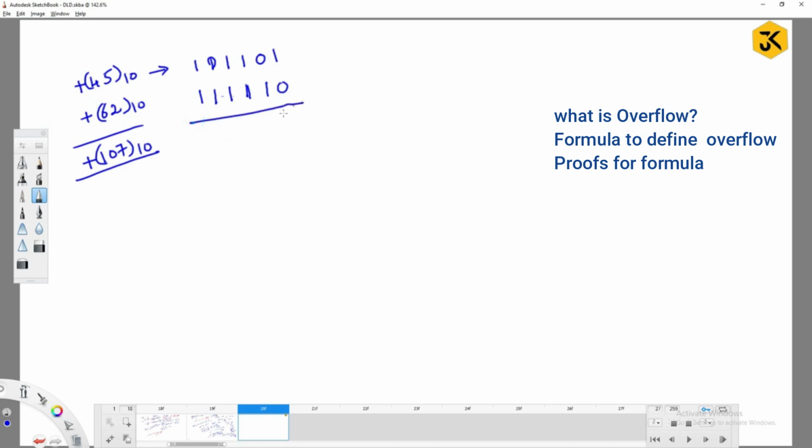If you are going to add these two numbers, what is the result you are going to get? 1 plus 1 is 10. What is triple 1? 1 plus 1 is 10, plus 1 is 11. Double 1 is 10, right? So what is the total number?